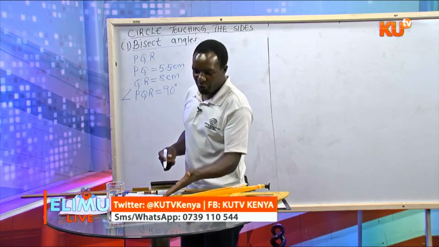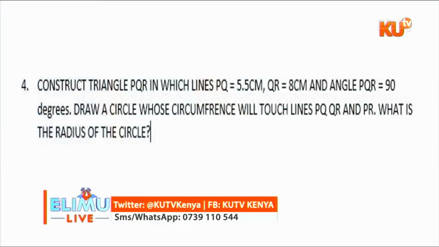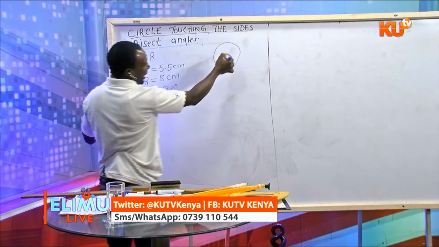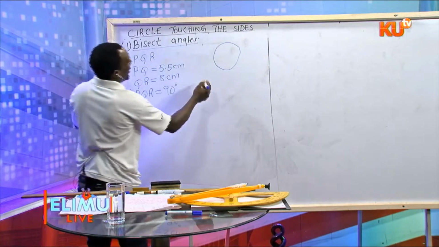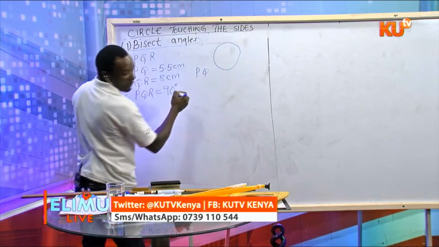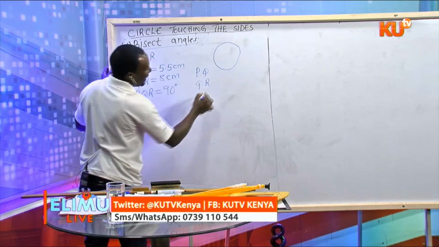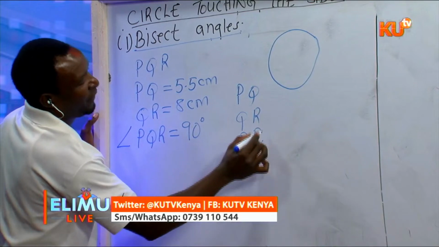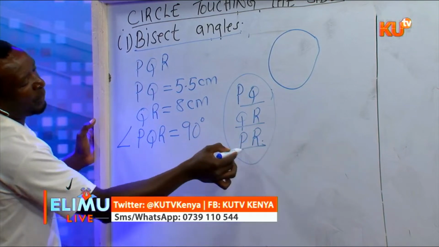If you look at our information here, we have been told, draw a circle whose circumference, this round, is touching lines PQ, QR, and PR. They have told us clearly. Very easy. This is the information that will lead you to knowing what you are supposed to do.